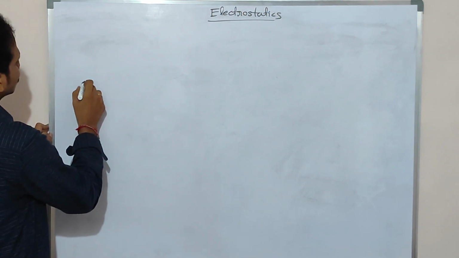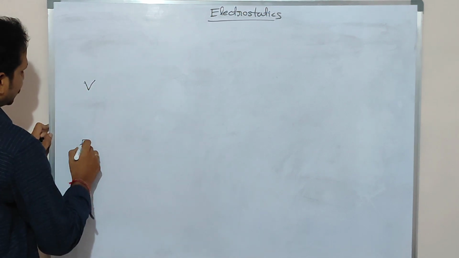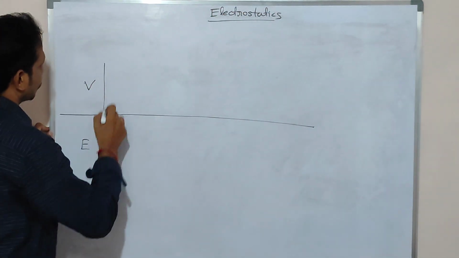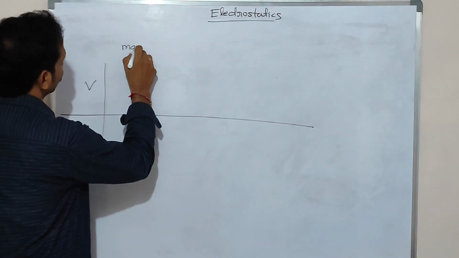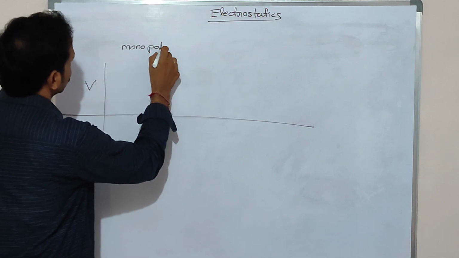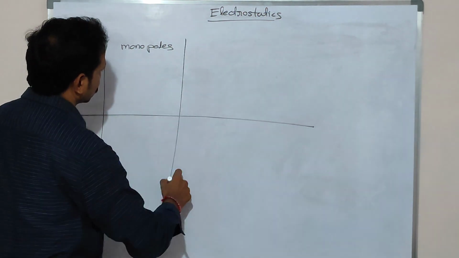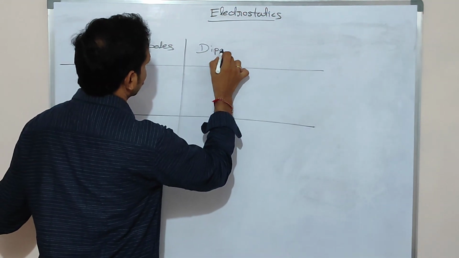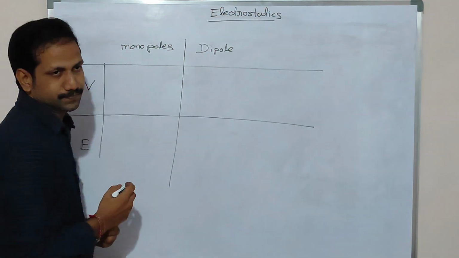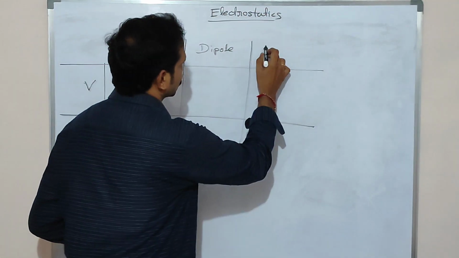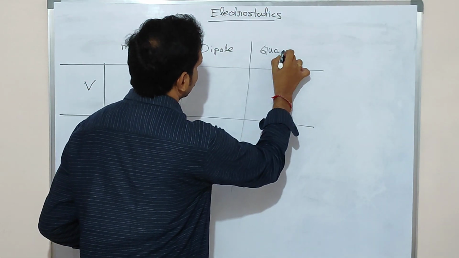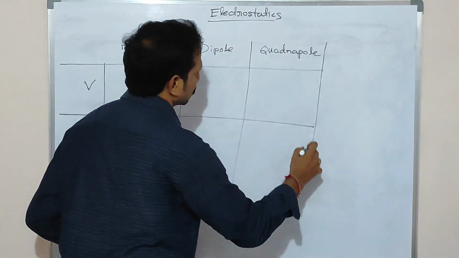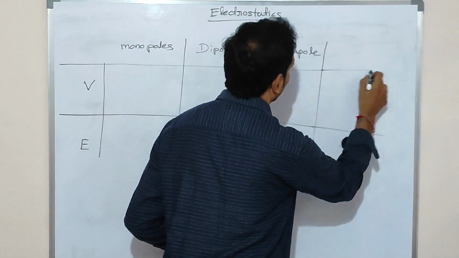Generally you will have the potential V and field E, and you may have monopole, dipole, quadrupole, then octupole.